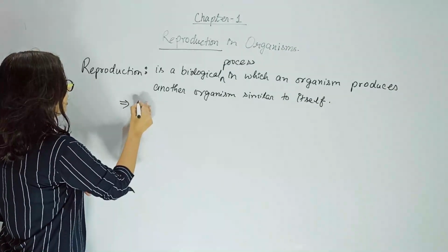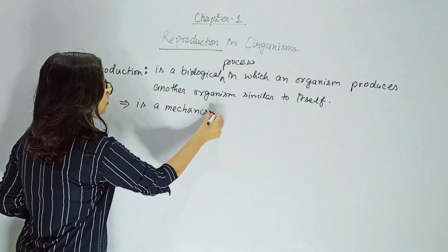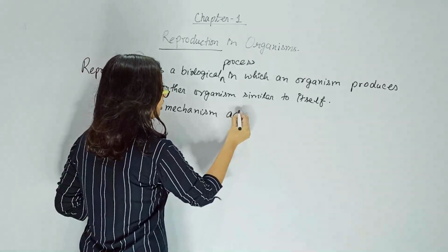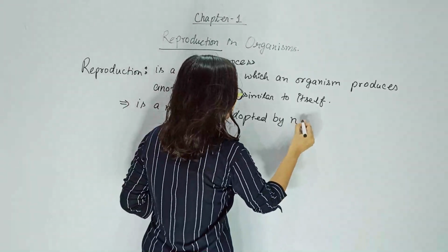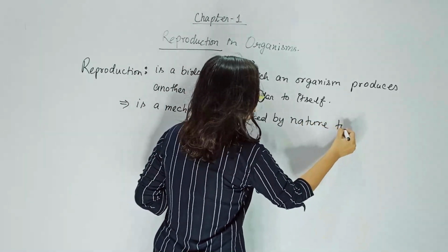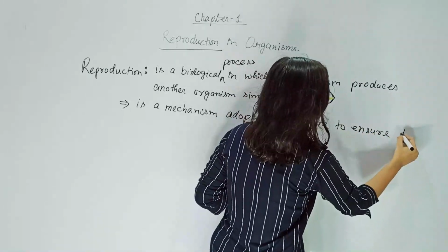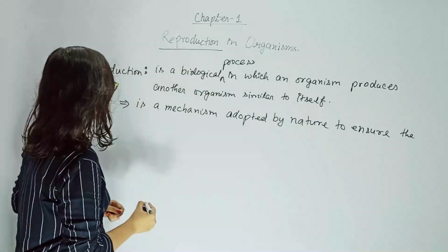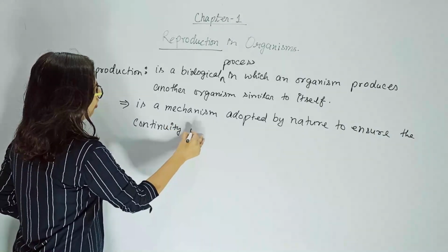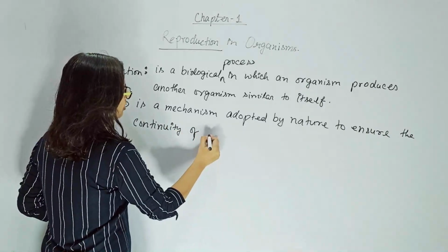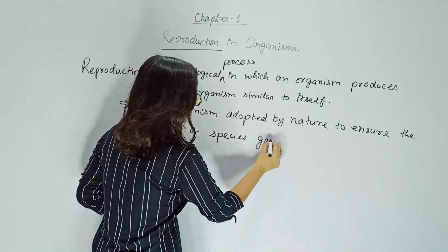So reproduction is a mechanism adopted by nature to ensure the continuity of species generation after generation.